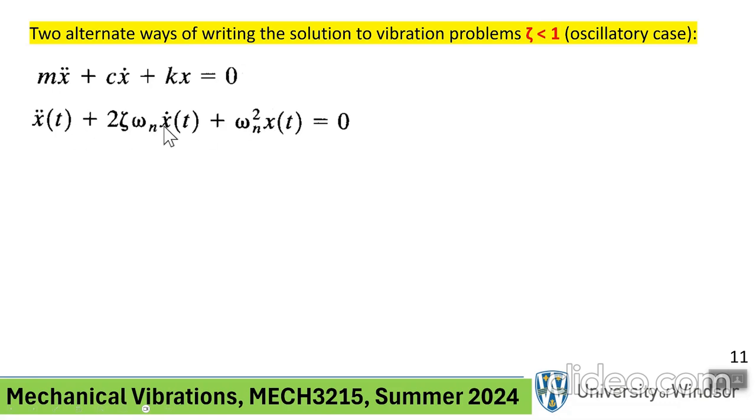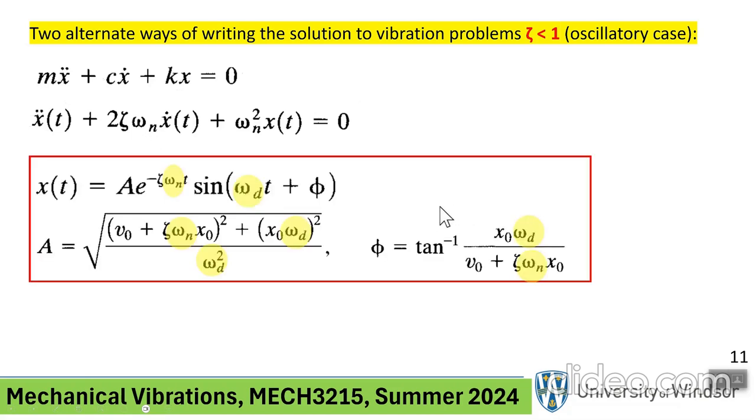This is the massaged version of it. And I want to write the solution to this fellow. This fellow does not have M, C and K. It has zeta and omega n. That's it, as far as the parameters is concerned. So I said, take it for granted. The solution looks like this.